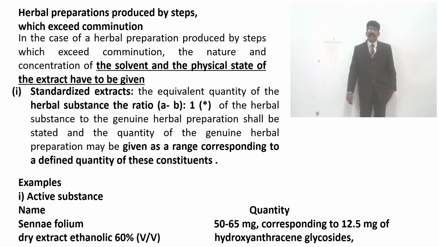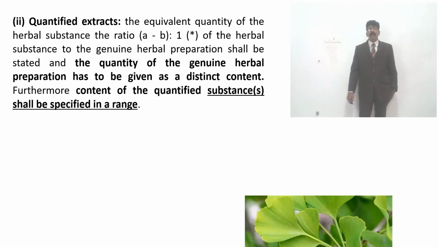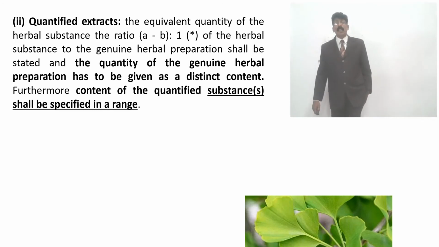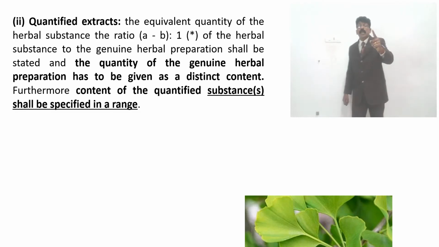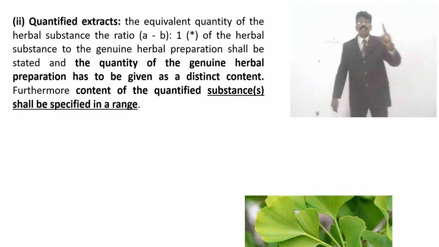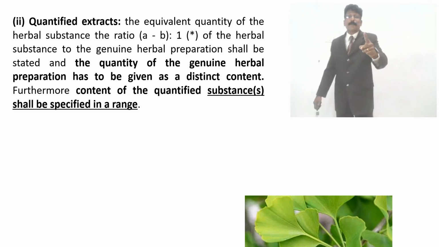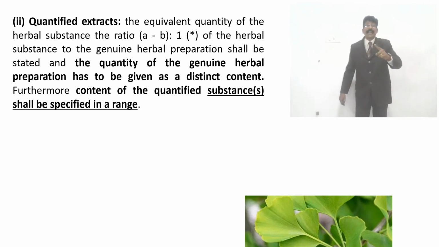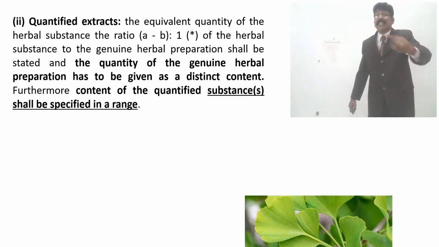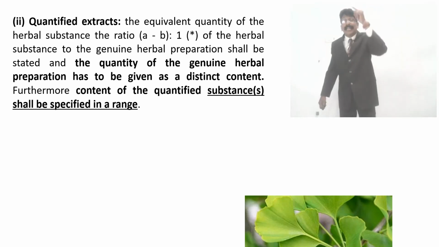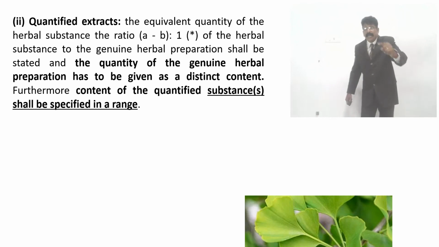This is the example. And for the second one, quantified extract, the equivalent quantity of the herbal substance in the ratio A to B is to 1 to the genuine herbal preparation shall be stated, and the quantity of the genuine herbal preparation has been given as a distinct content. Further, the content of the quantified substance shall be specified in a range. I am repeatedly telling, specified in a range.